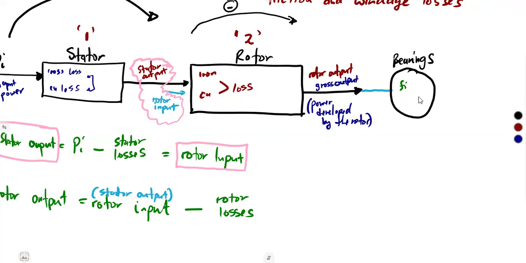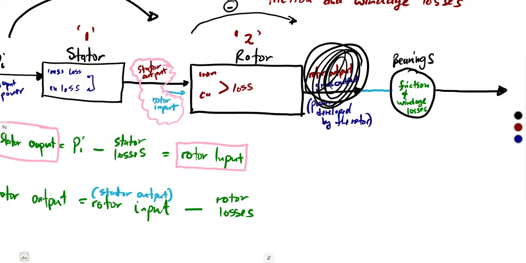Remember, we talked of the friction and windage losses. These will be the last part of our losses. After the rotor, we are affected by these bearings, which carry these losses, to give us the exact output.